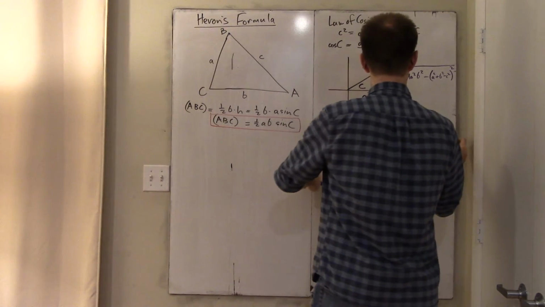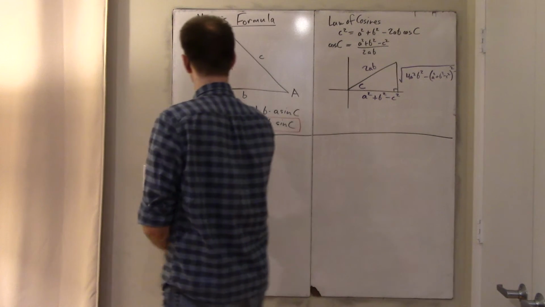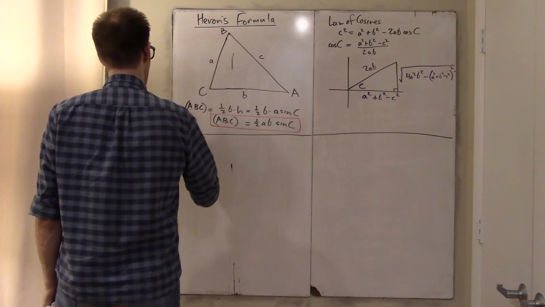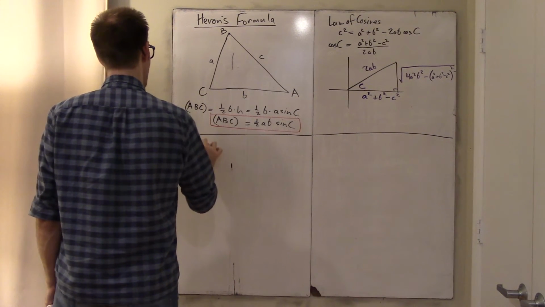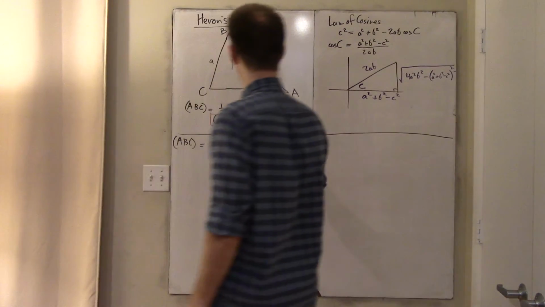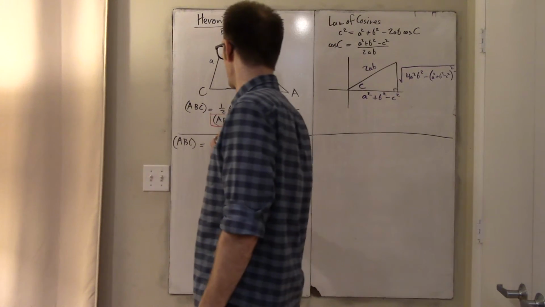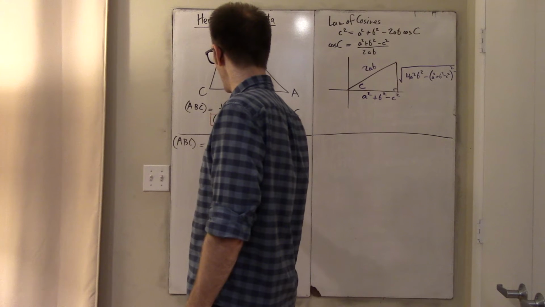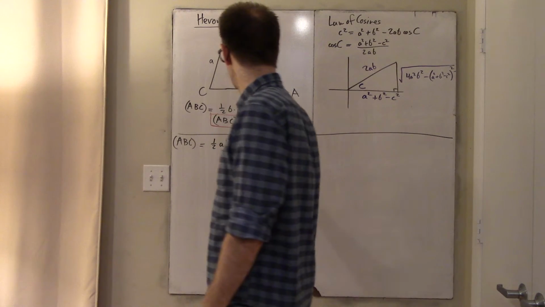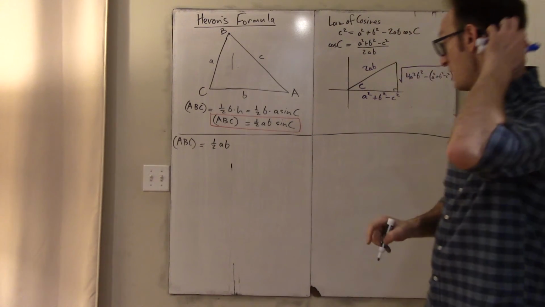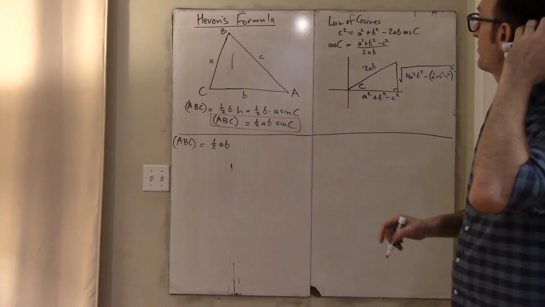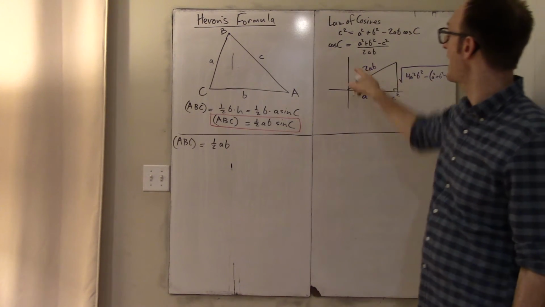I think we're ready now to do this problem. What is the area of triangle ABC? Answer, it is 1/2 ab sine C. So in other words, it's 1/2 ab times the sine of that angle. What is the sine of that angle going to be? Well, it's just going to be that over that.